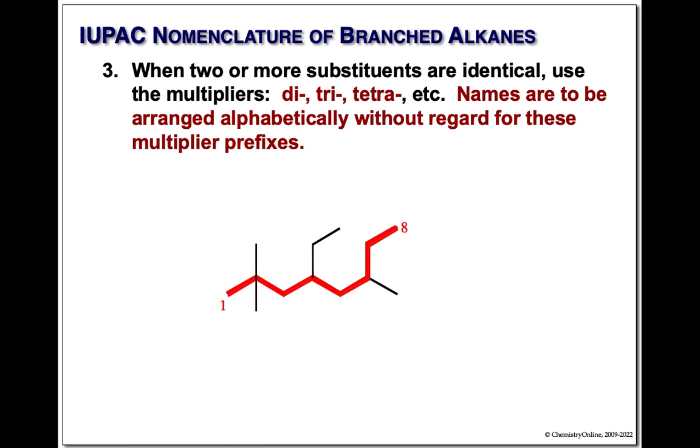This is carbon 2. It has the substituents that are closest to the end. So that's carbon 1, that's carbon 8. What we have here is a carbon 2 with 2 methyl groups. We're going to use dimethyl to express that.